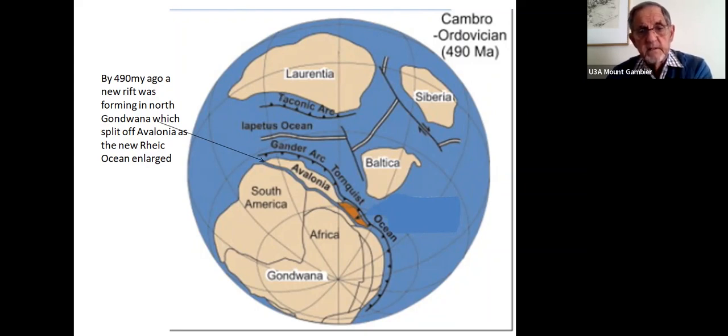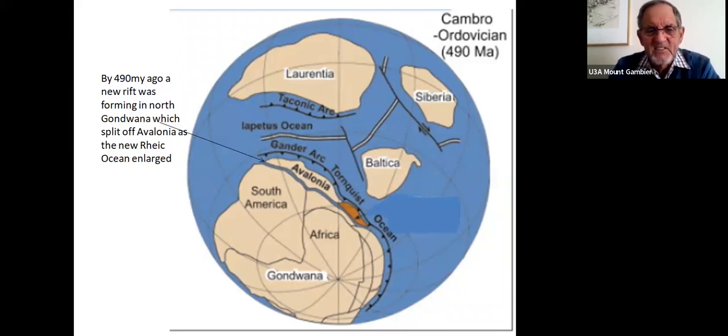And that's how those two ocean plates that made up the Iapetus Ocean disappeared. And with the opening of the split between Avalonia and Gondwana and spreading of that ocean, you had Iapetus entirely eclipsed and it disappeared. And Avalonia was welded against Baltica and Laurentia.